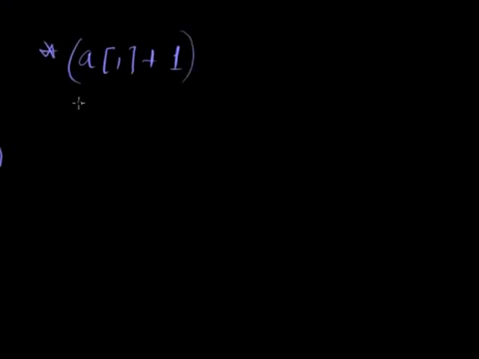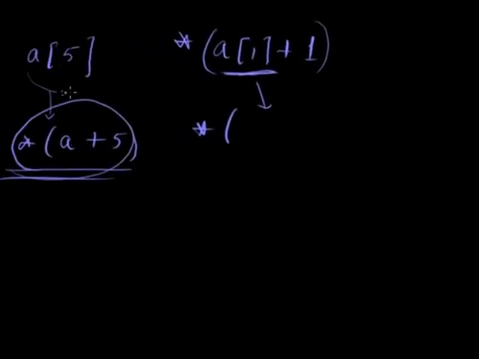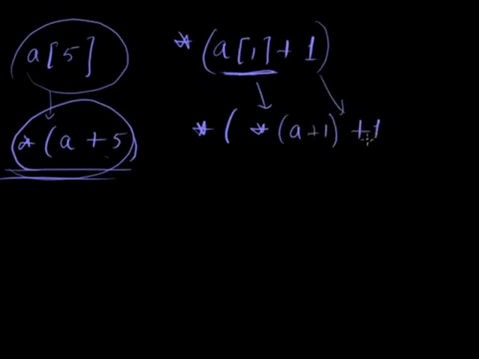We have the value of a of 1 plus 1. So if we want to get rid of this a of 1 and want it all in base address and pointers, we can do it like this. Star of, now this a of 1 can be done like this. A of 5 can be star of a plus 5. So a of 1 will be star of a plus 1, and this plus 1 goes here.